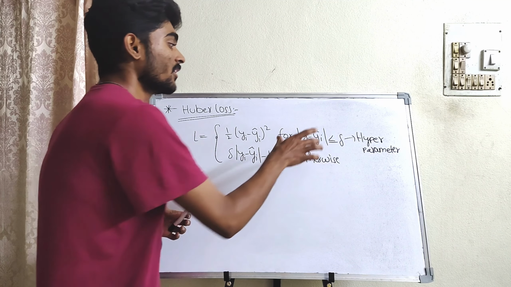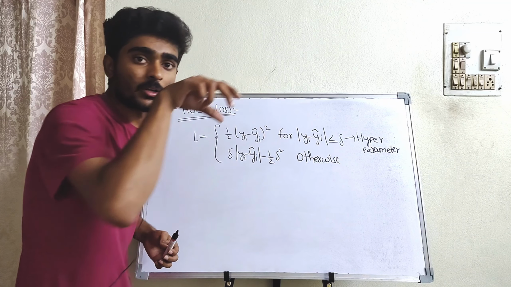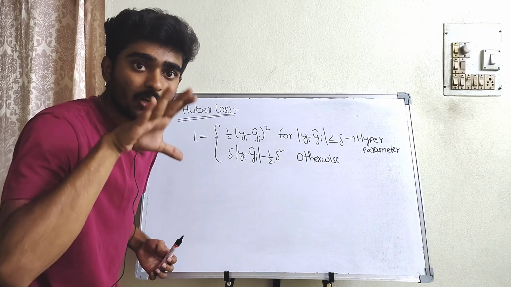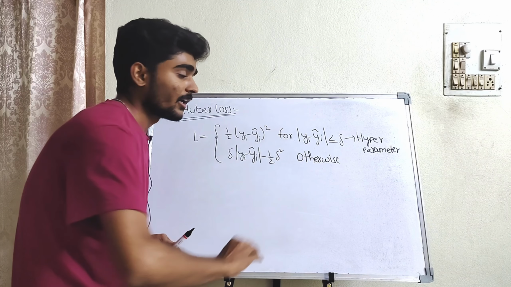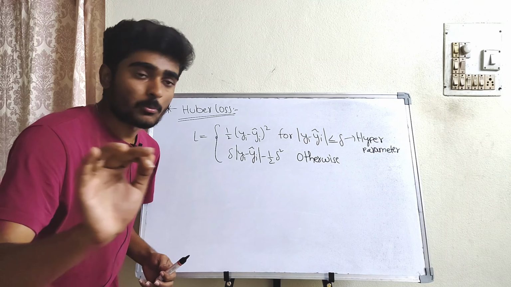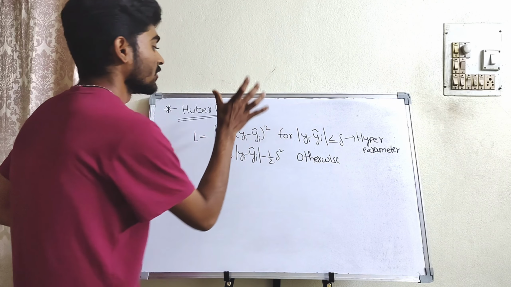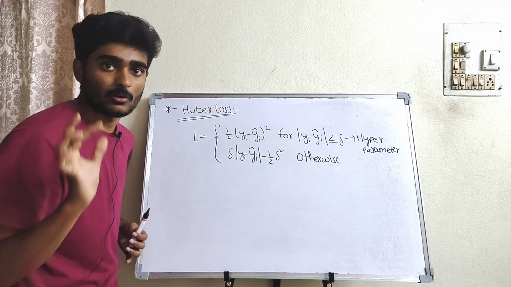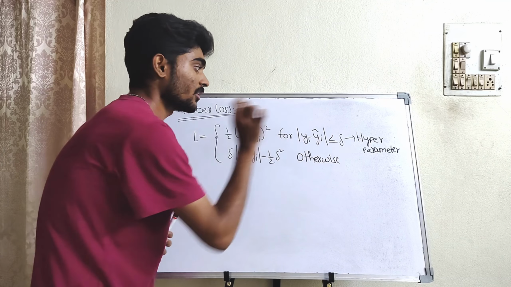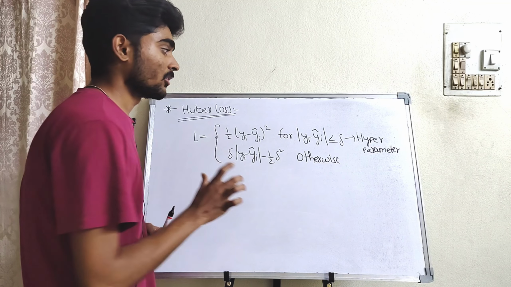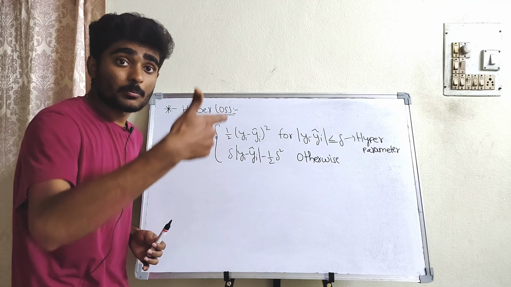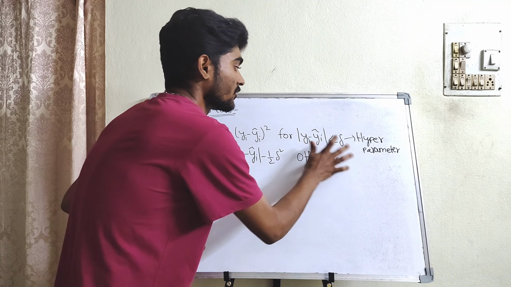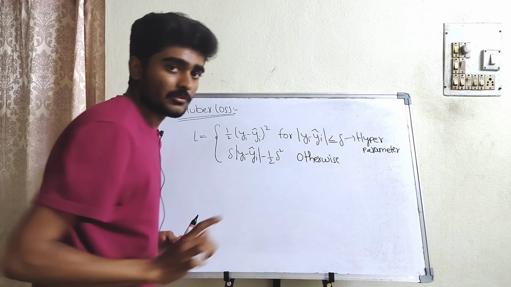What this condition specifies is, when the data points are not outliers, then we need to proceed with this MSE loss. When the data points become outliers, this value will definitely be greater than delta, right?